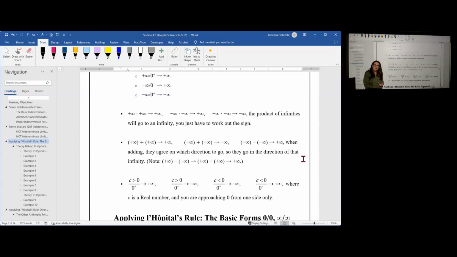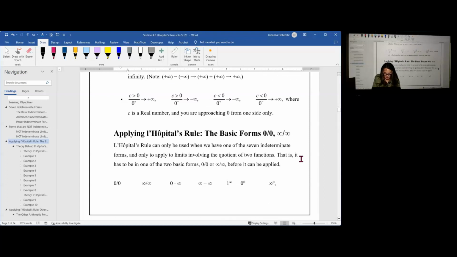As the denominator gets smaller, the fraction gets larger. If the constant is positive, 7, and we're approaching 0 from the left side, then it goes to negative infinity. And you can work out the signs on the last two.